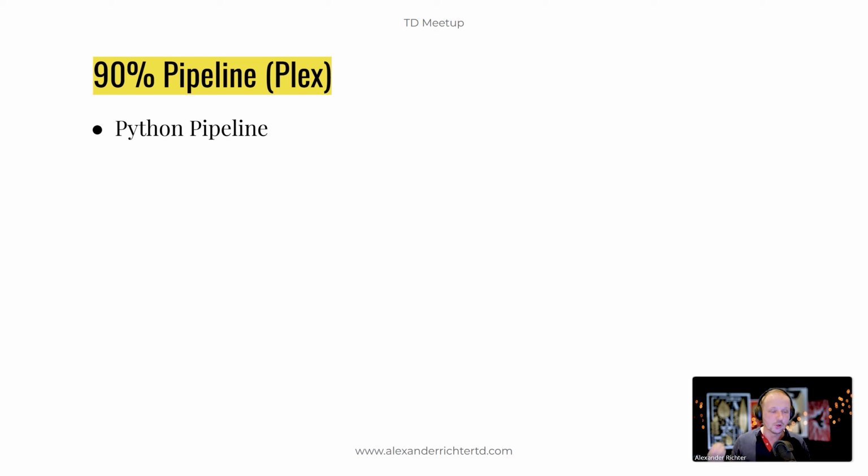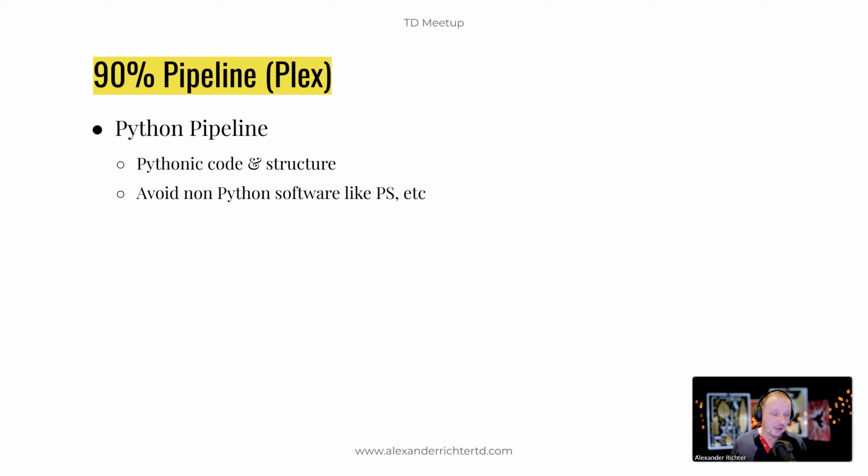And finally, we want to make sure that this is a Python pipeline, which means it's Pythonic, it's written in a Python logic, and it's built in a Python structure, versus a kind of C++ idea and so on. We avoid non-Python software, for example, Photoshop and After Effects, which use JavaScript, for example. We integrate it, but we maybe will not write a particular script for that, more like workflows.